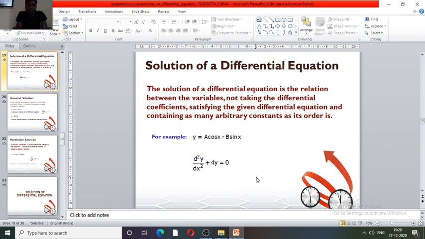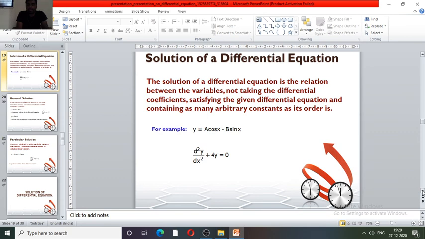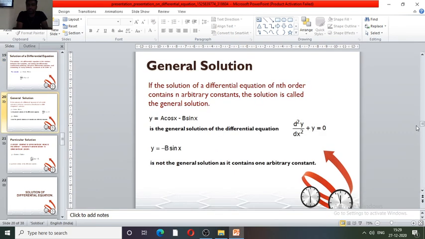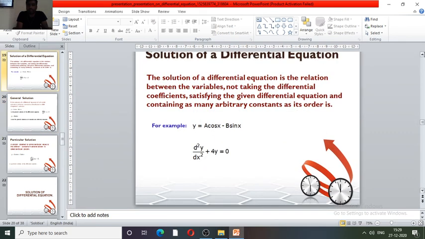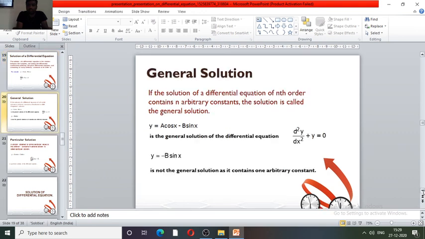In the case of homogeneous or non-homogeneous equations, we construct two different methods or two different theories to find the family of curves which satisfies the given differential equation. So the solution of a differential equation is also one of the most important parts of differential equations.